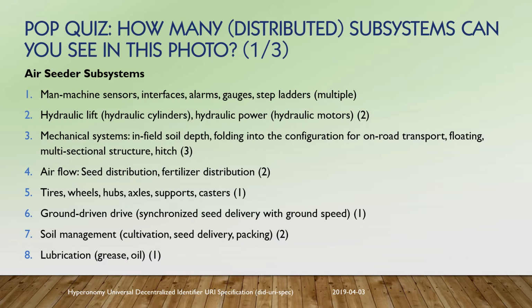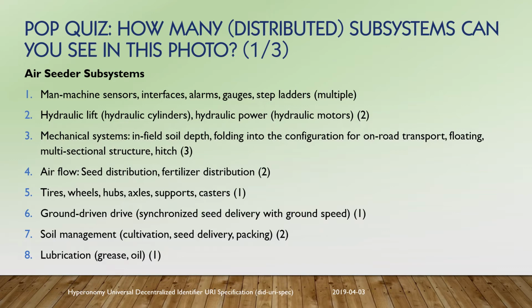There's the whole tires and wheels and hubs and axles and the supports for those axles and the casters, the swivel wheels, is another distributed system. There's a ground-driven drive. You want the amount of seed and fertilizer to be deposited at each shovel to be exactly synchronized with the actual ground speed of the implement, of the air seeder.